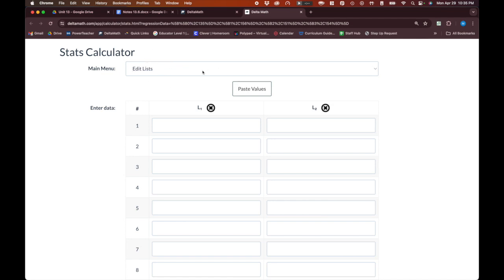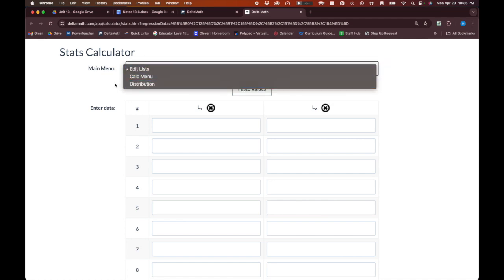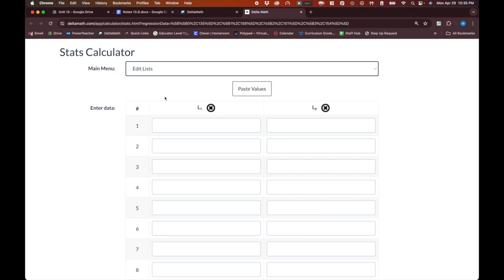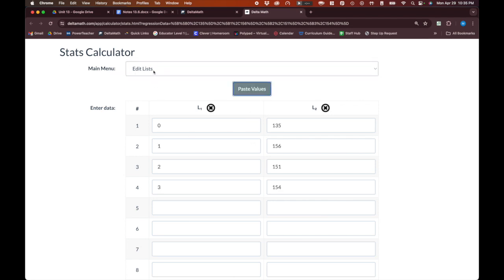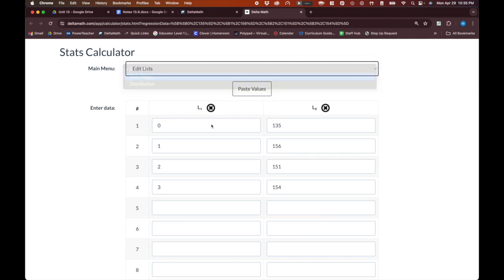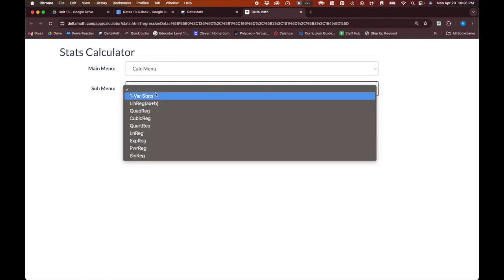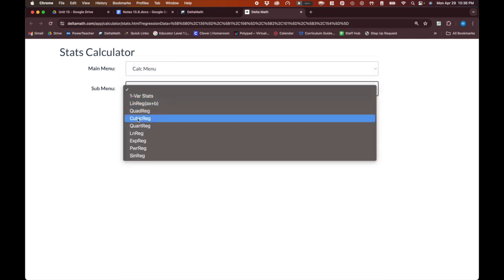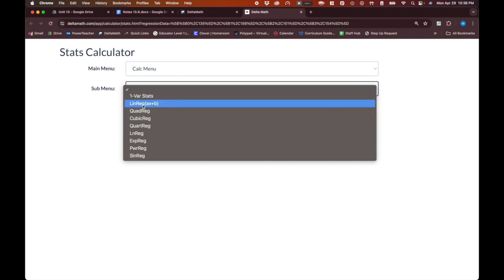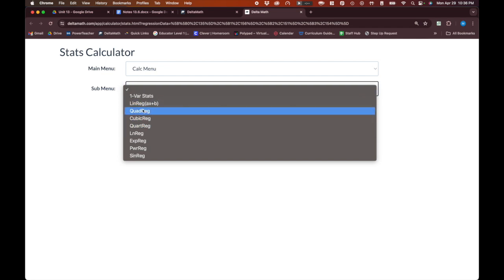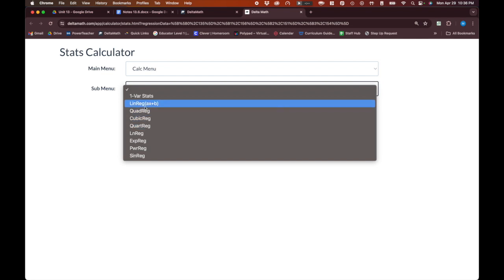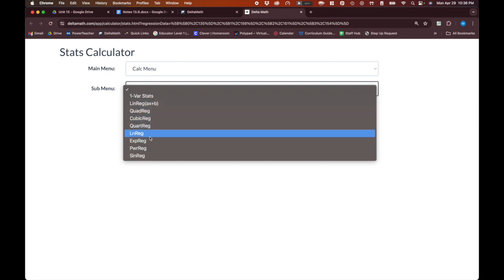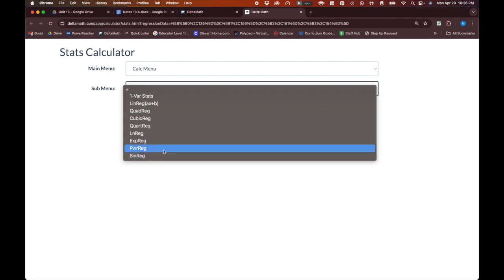Now, I've got a few options. I can edit, I can calc, and then I can do a distribution. I am going to edit. I'm going to paste, and then go over to calc. In this sub-menu here, I want to do that linear regression. I don't want a quadratic or cubic or quartic or logarithmic, exponential, power functions, or sine wave regression.